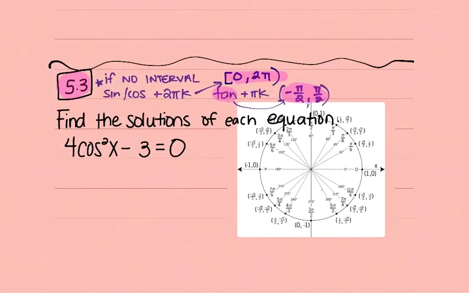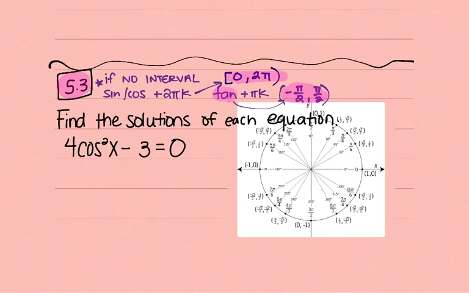Okay, so 5-3 was finding your solutions. For this, you'll have your unit circle. You want to remember the stuff at the top. If there's no interval given, then you have to make sure that you add 2 pi k to sine and cosine answers and pi k to tangent answers.